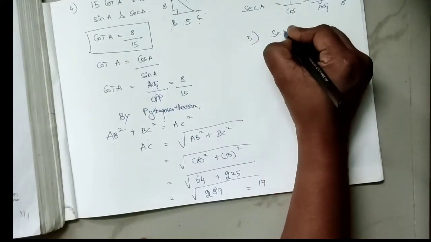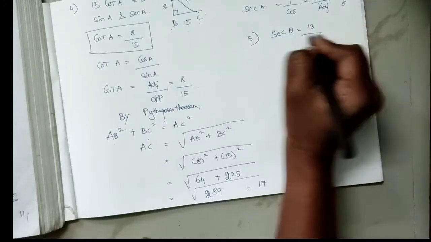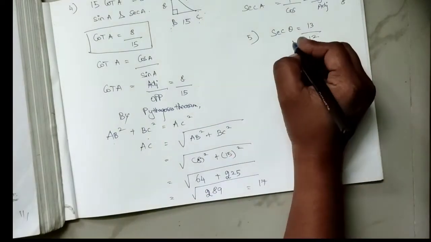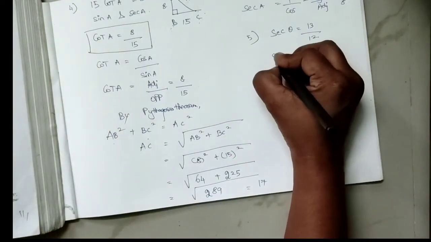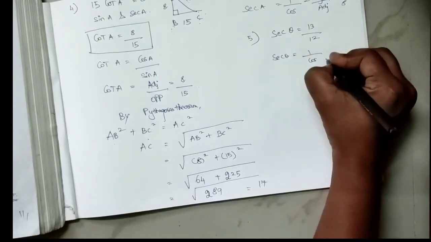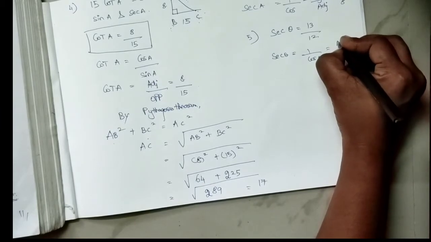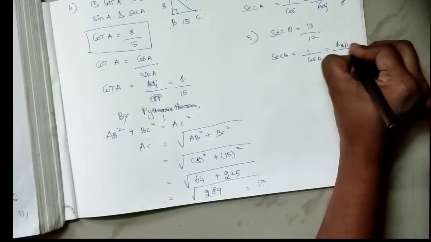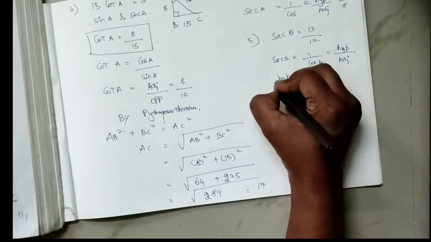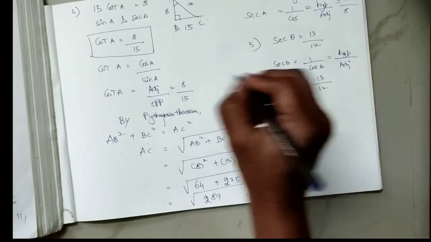The given question is secant theta equals 13 by 12, and we have to calculate all the other trigonometric ratios. Now we know secant is 1 by cos, so secant theta is equal to 1 by cos theta, which equals hypotenuse divided by adjacent. So hypotenuse divided by adjacent equals 13 divided by 12.